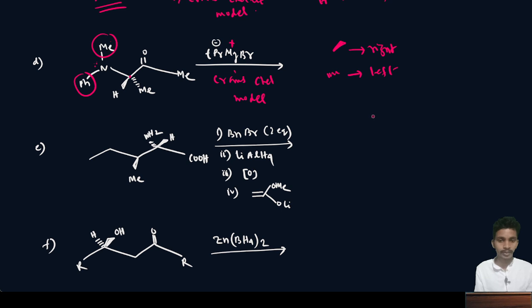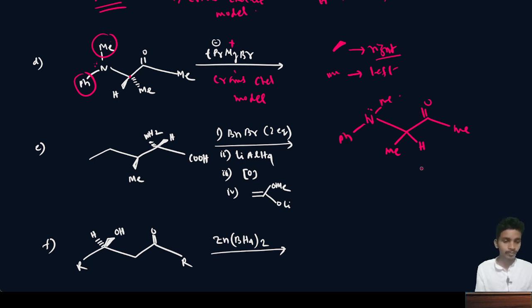That is all you have to change here, because this is already syn to the carbonyl group. So this is methyl, and this H will be here and this methyl will be here, because this represents right and this represents left, and here the same. Since this is already syn to the carbonyl group, you do not need to change it.